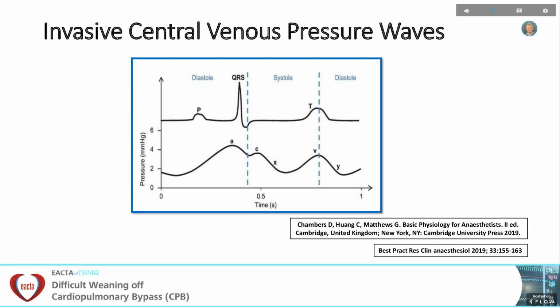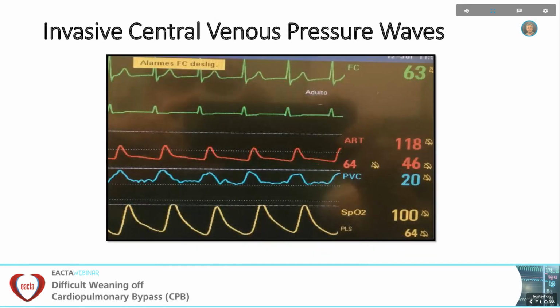So talking about central venous pressure waves now, we have the CVP, the central venous pressure, with its components of the atrial kick, the contraction of the ventricle and the C wave, and the negative waves X and Y, and this could lead us to some diagnoses too.